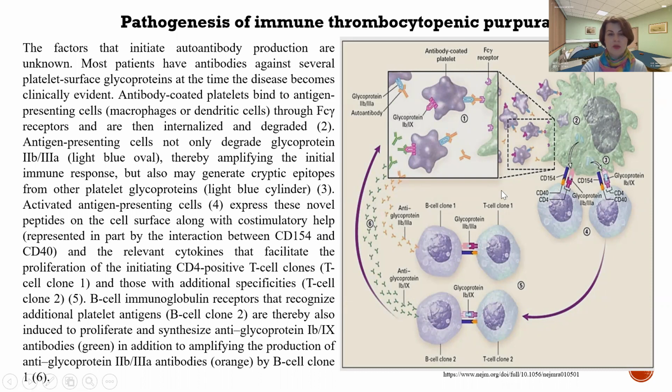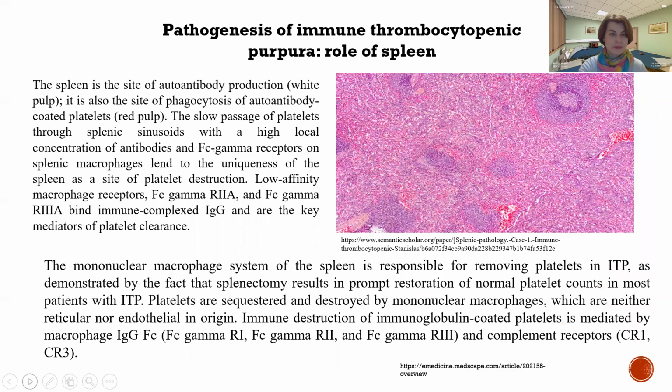So appearance of the antibodies and glycoprotein binding leads to formation of T and B cell clones that can produce autoantibodies to glycoprotein and stimulates the coagulation.